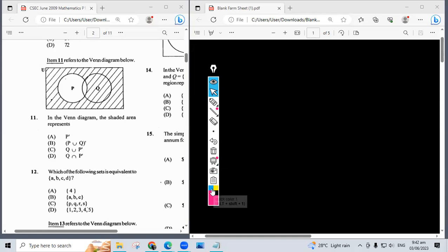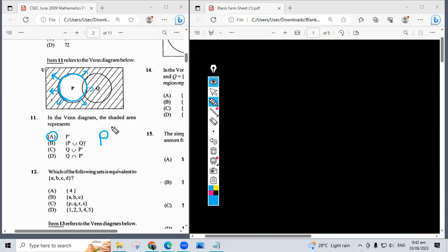Look at the P circle here. The entire P circle has no shading inside it. In fact, you are shading everything outside P. You are shading everything that is not P. So the answer is A.